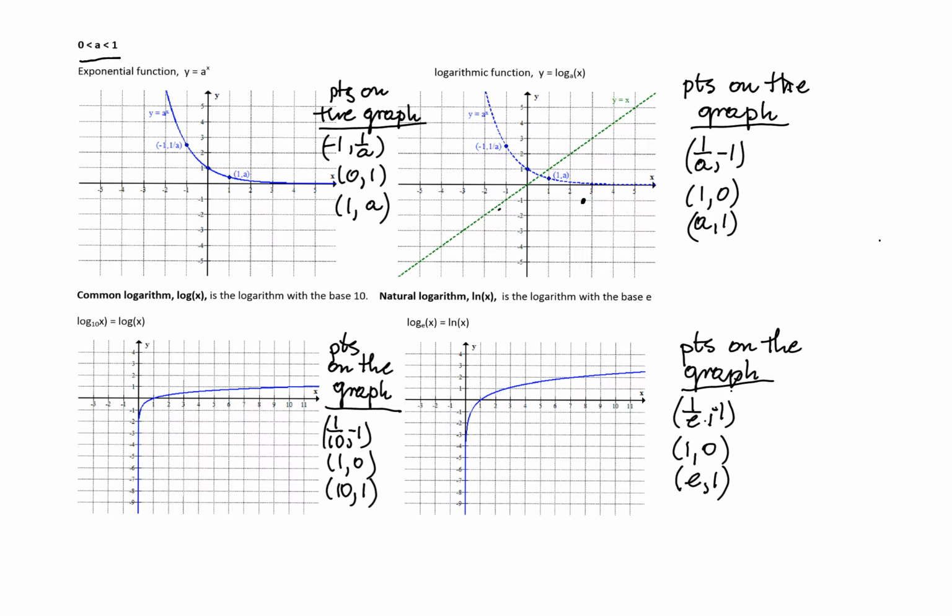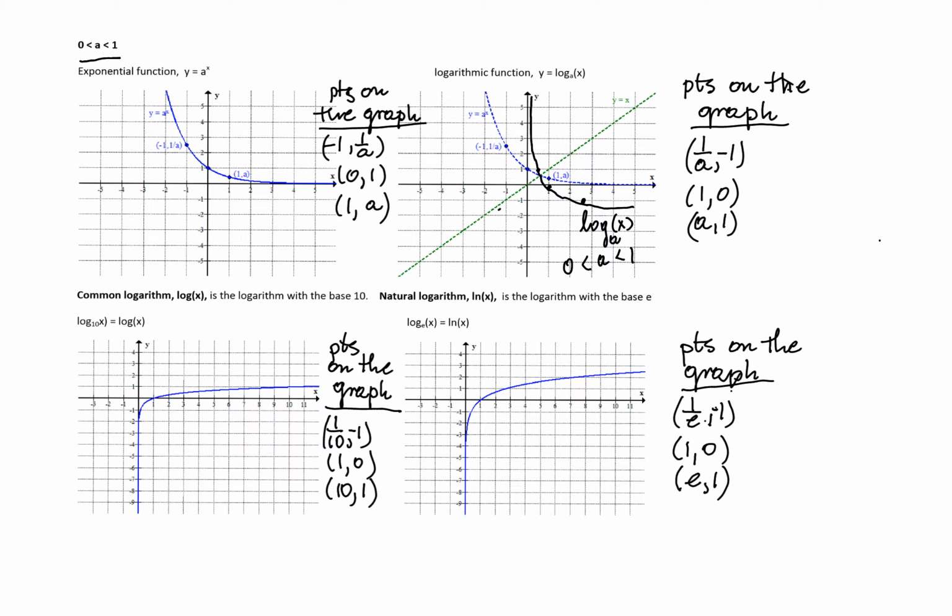Then we'll have the point (1, 0), and (a, 1) is going to be somewhere here. As before, the y-axis is the asymptote for that graph, so the symmetric graph to that exponential function will have this shape. And this is the logarithm to the base a of x with a between 0 and 1.